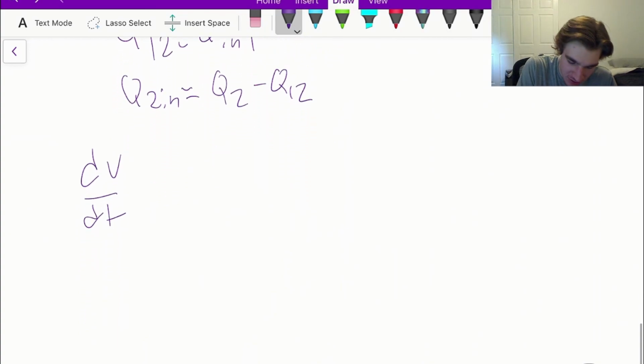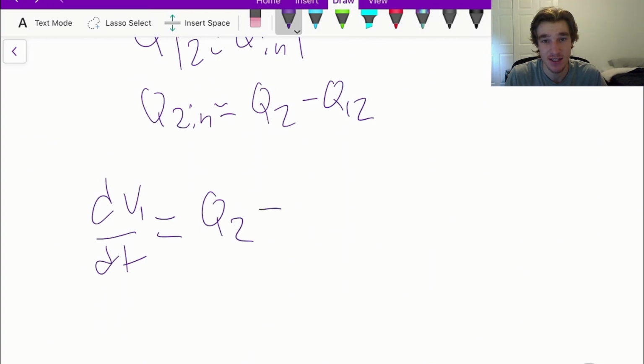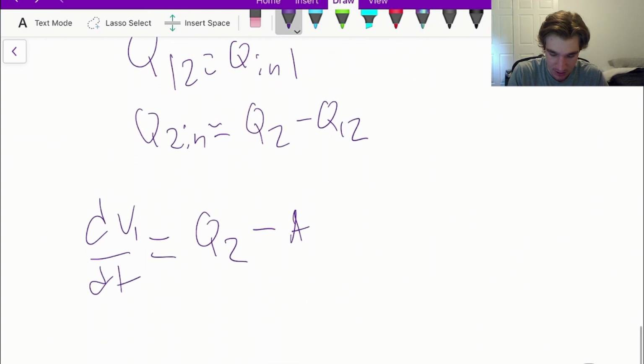So now finding the change in volume over the change in time of the first tank, we're going to get Q in 1, the inlet stream, minus A12, the area of A12, times, this is where the sign of that H1 minus H2 comes in handy.